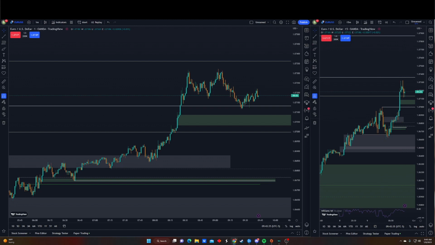Wow. I don't know what it's doing right now. It might just be consolidating. It might be moving lower. I don't know. Yeah, I would have been done. That would have been it. Wow.